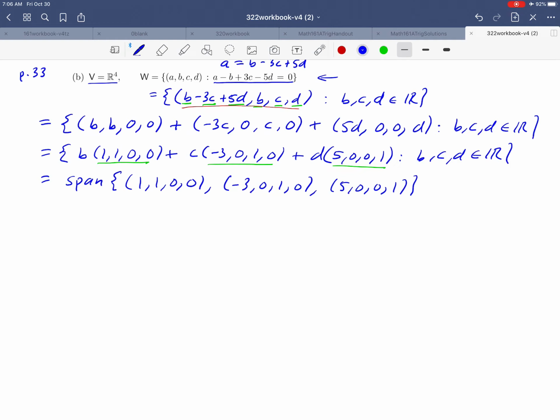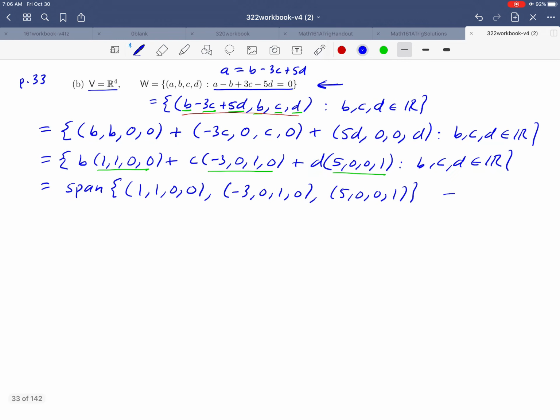Remember, that was our goal, to take this presentation of W that they gave us and rewrite it as the span of a set of vectors, because we know how to find a basis of a vector space that's given to us in that form.